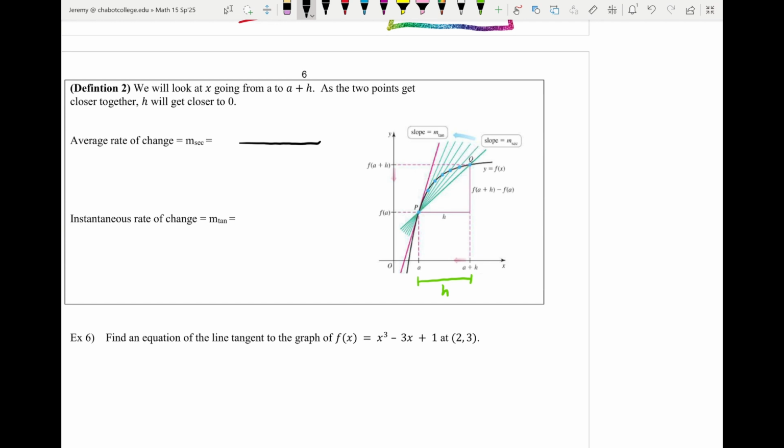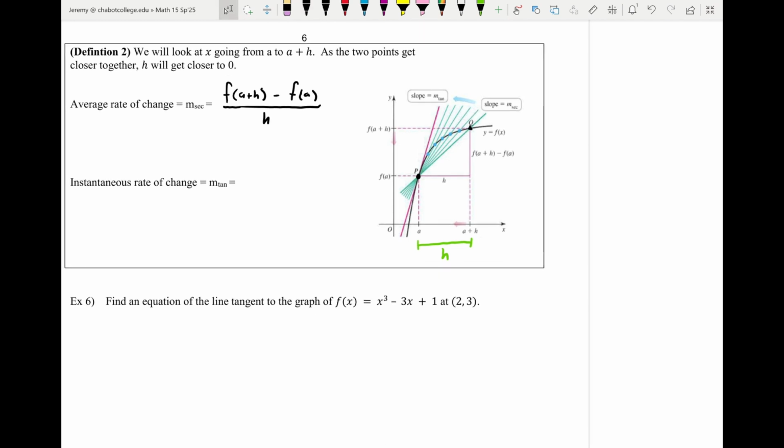So, okay, what's the average rate of change? So the slope of the secant line between these 2 points, it'll be the difference of the y's, which is going to be f of a plus h minus f of a, over the difference of the x's. That'll just be the width of that interval there, which is going to be h.